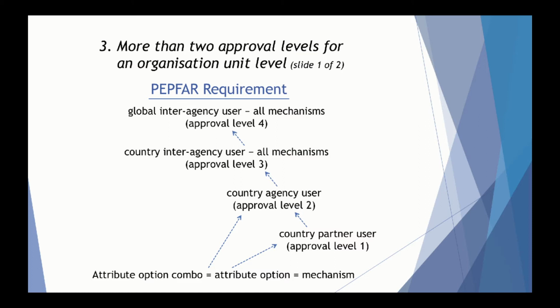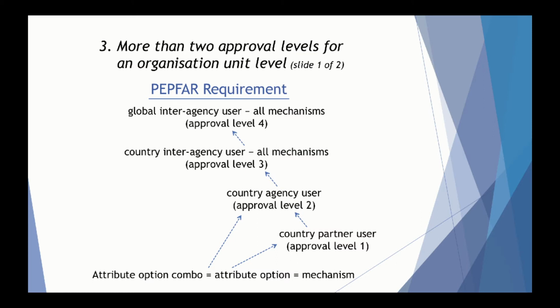But these are users that are assigned to an agency. And then, a third time, at the same country level, we want an interagency team, which confusingly enough is made up of users from different agencies in the country. We want an interagency team to be able to say, yes, across all the agencies and across all the partners, this data is approved and ready to go up to global.